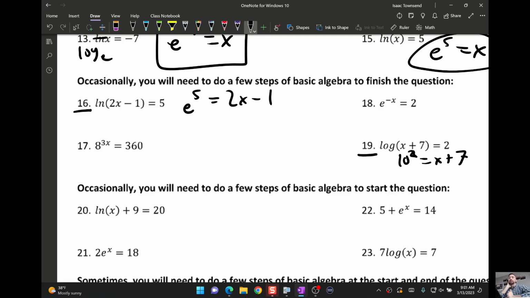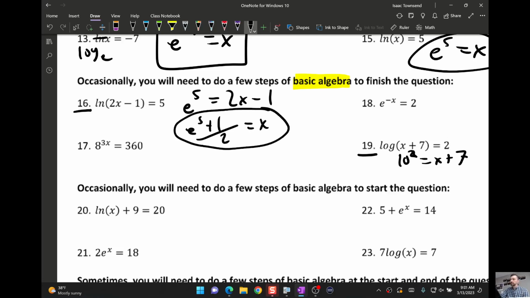But unlike the previous questions where we knew what x equals and we were done, these are going to take a little bit more work because we're going to have to undo some basic algebra or undo some arithmetic. So this guy still needs to undo a -1 and undo a times 2 before we get the answer. And this one needs undoing a +7 with the -7. So sometimes you're going to switch the form and you still have to undo that arithmetic.